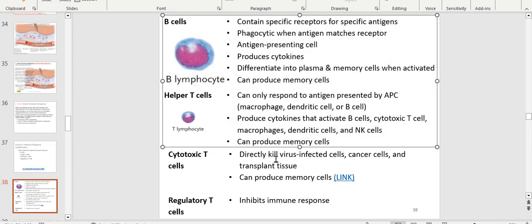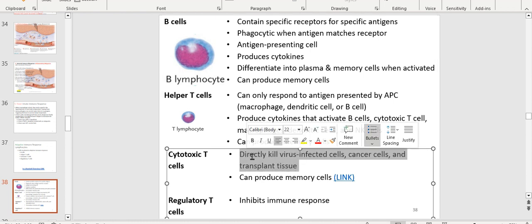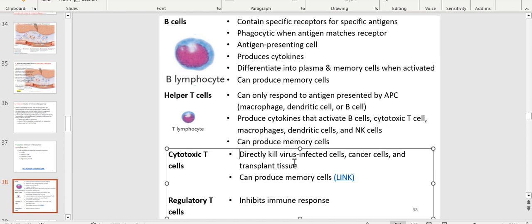Cytotoxic T cells directly kill virus-infected cells, cancer cells, and transplant tissue. There's lots of work going on with these as far as cancer goes, where we take some of your cytotoxic T cells and put them in a petri dish and turn them into these ferocious beasts, and then we inject them back into you. And they'll target cancer cells.